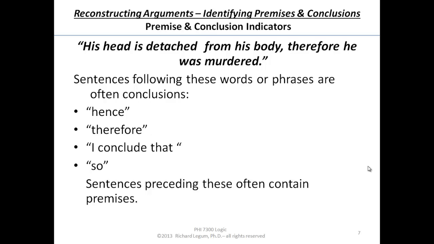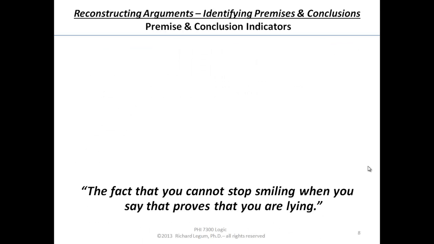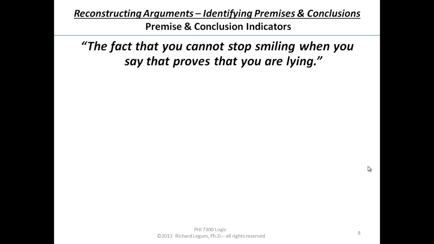It's not fail-safe. It's not going to happen all the time, but in most cases it will, and sometimes people misspeak and miswrite, so you have to be careful about it. So the sentences coming after these words or phrases are conclusions, and the sentences coming before are oftentimes premises.